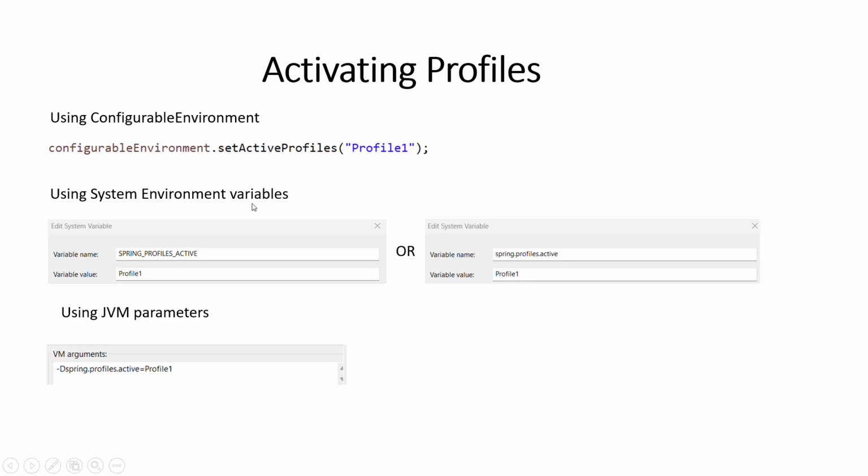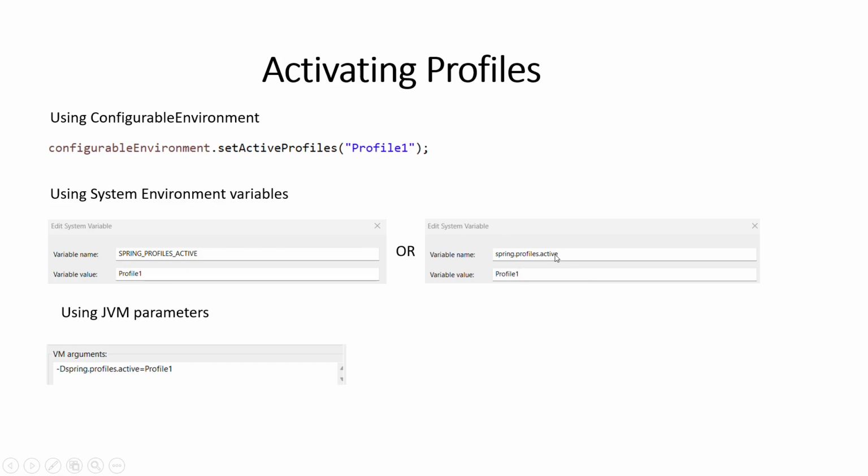Next, using environment variables. Environment variables are the most used approach. In any Java project you go to, we will definitely set this. In system environment variables, the variable name will be spring_profiles_active, or you can use spring.profiles.active. Both will work.